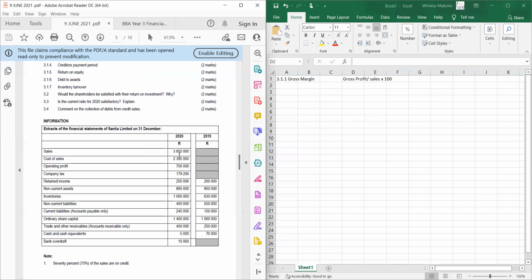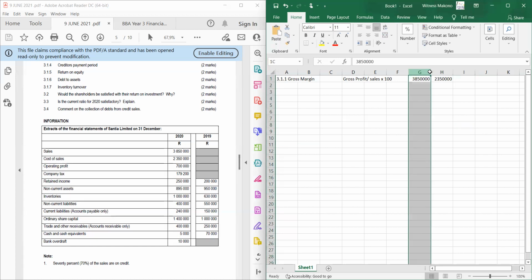That means you have to come here and subtract. Your sales is equal to 3,850,000. Then your cost of sales is 2,350,000. So this is what they are testing you there. Do you know how to get gross profit from the figures that you are given?